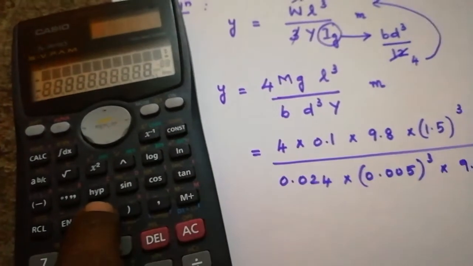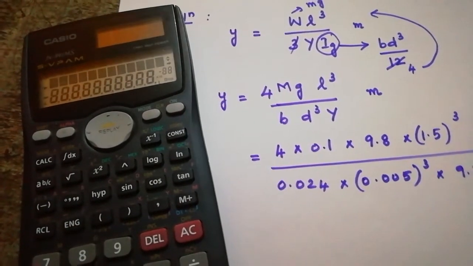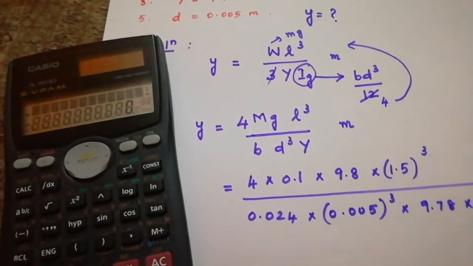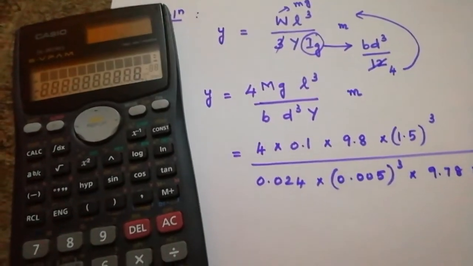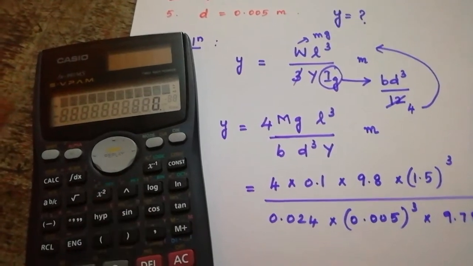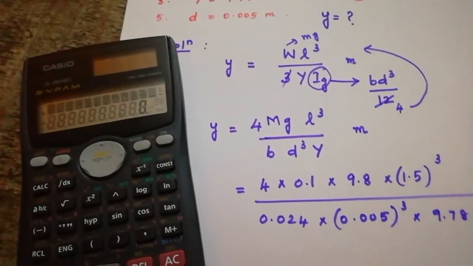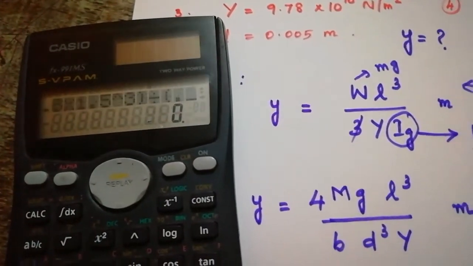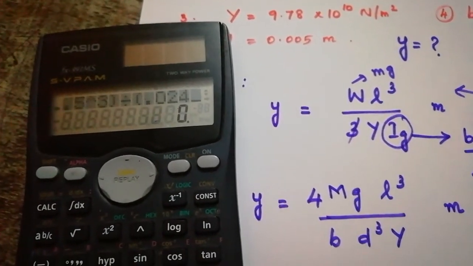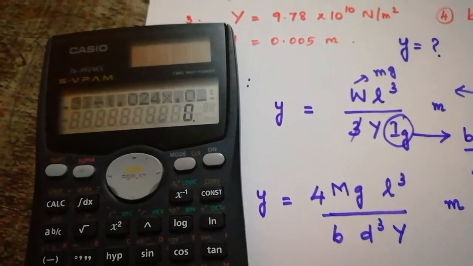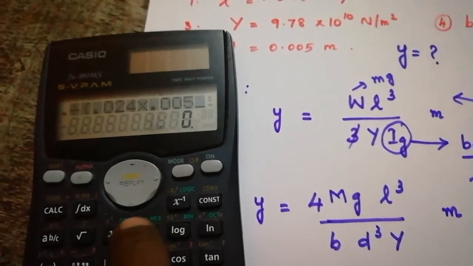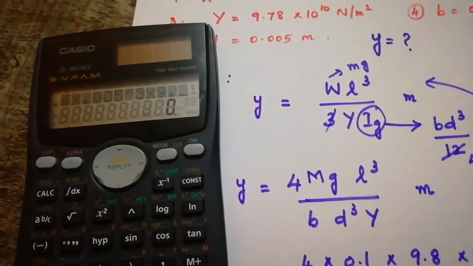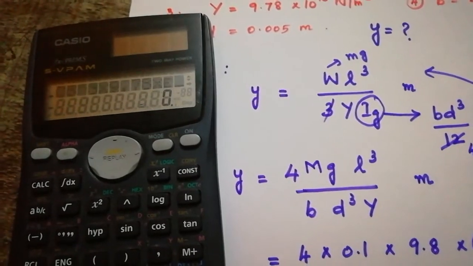Double bracket, 4 into 0.1 into 9.8 into 1.5 the whole cube, divided by, open bracket, 0.024 breadth into thickness 0.005 the whole cube into 9.78 into 10 power 10.